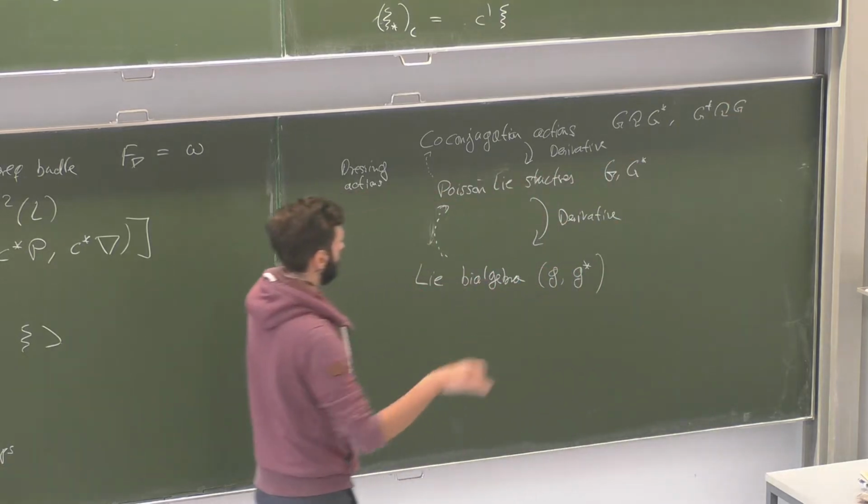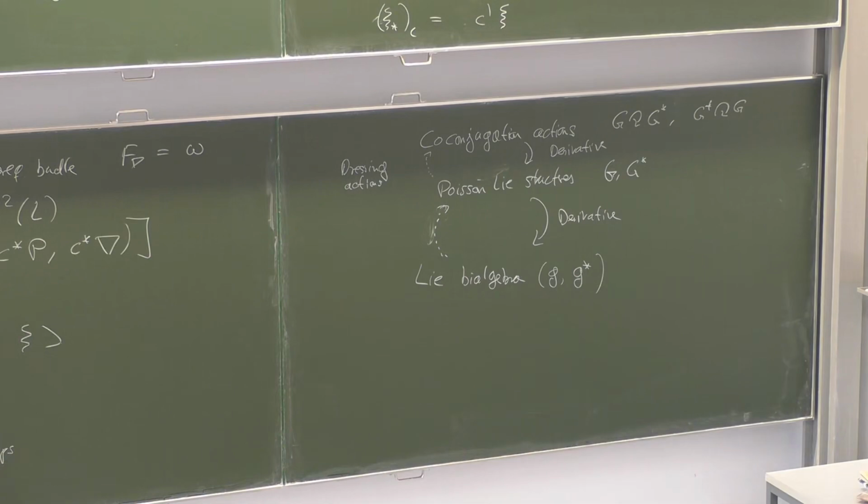And if you take the derivatives, then you get the Poisson Lie structures, and if you take another derivative, you get Lie bialgebras. So the reason why I'm talking about these derivatives is the following, namely that we have a nice action of the diffeomorphism group on here.